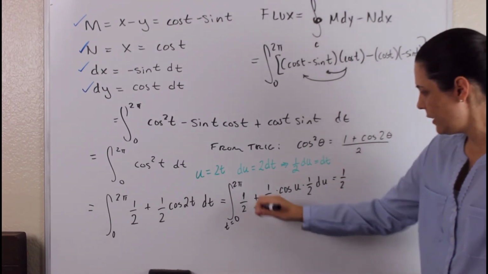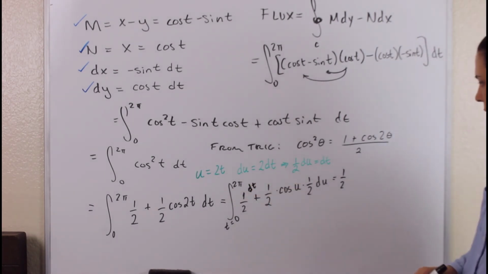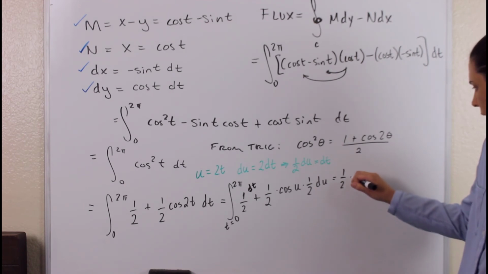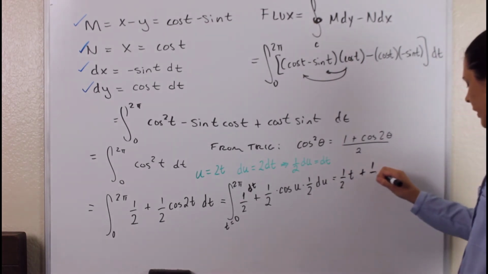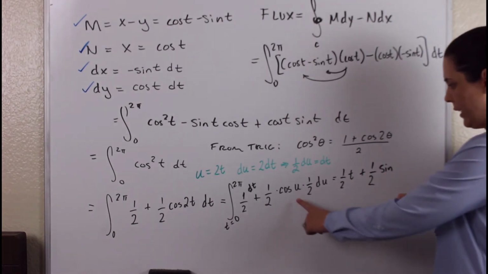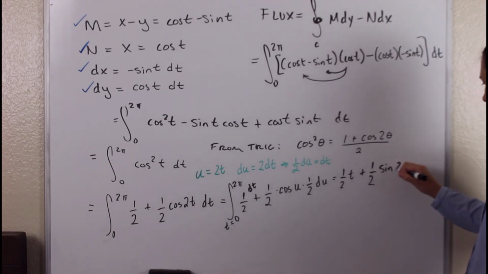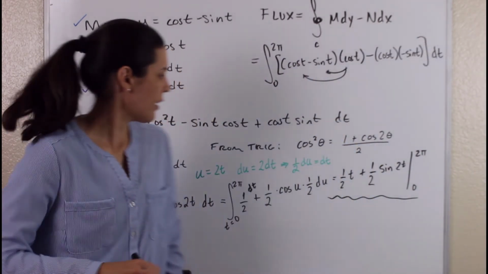So technically this is still dt. I sort of mixed things together here. Hopefully it's not too crazy looking. So 1/2 t plus, this becomes a 1/4. The integral of cosine is sine, and let's go ahead and plug back in what u was. It was 2t, and we're evaluating from 0 to 2 pi. There we go. This is the nicer version. It got a little crazy looking right there.